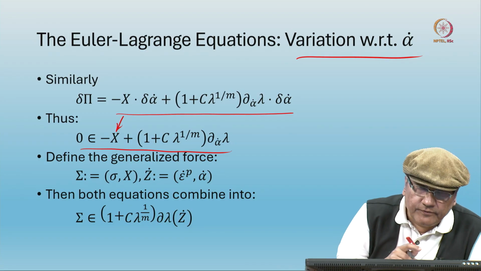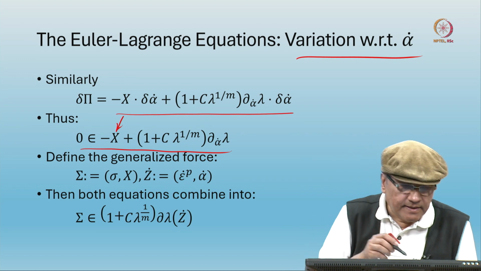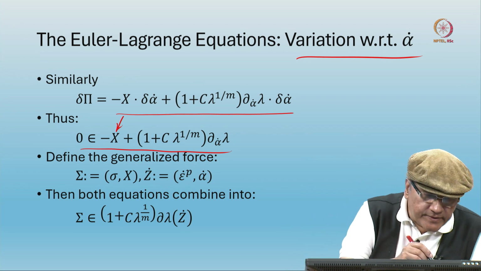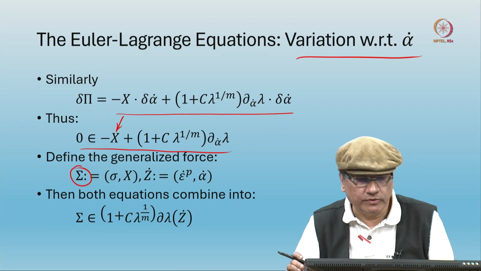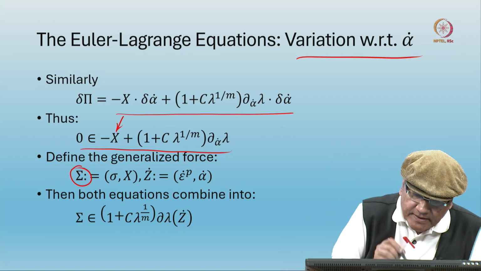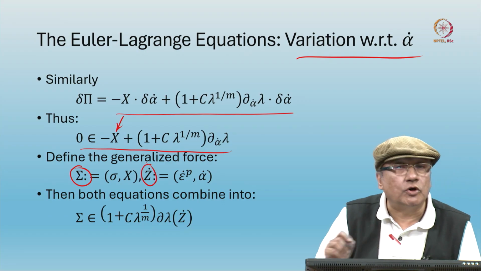Now define the full set of generalized forces: combine sigma and x together in the variable capital Sigma, and combine epsilon p dot and alpha dot together in the variable capital Z dot.